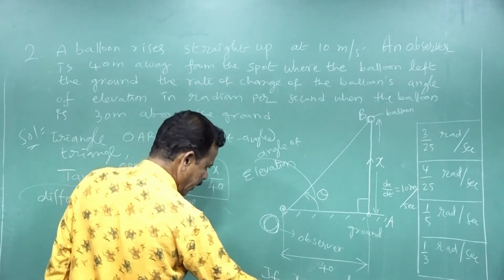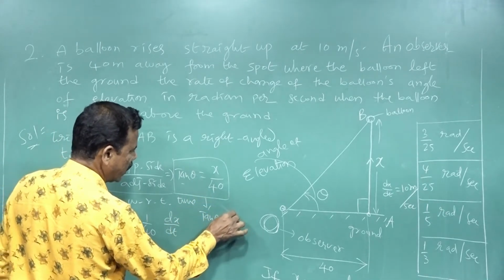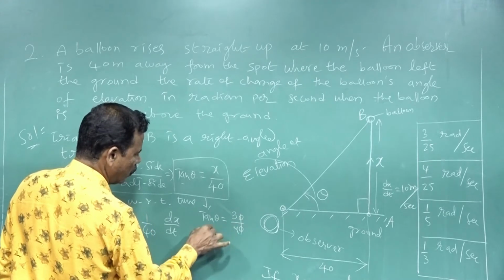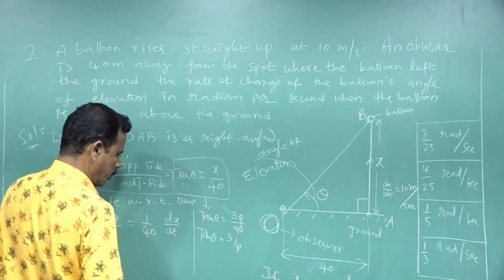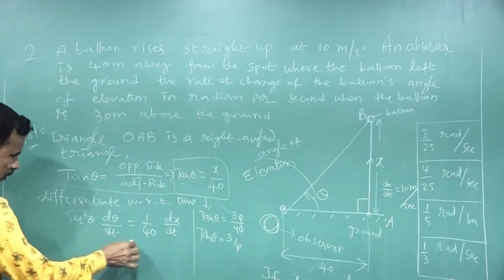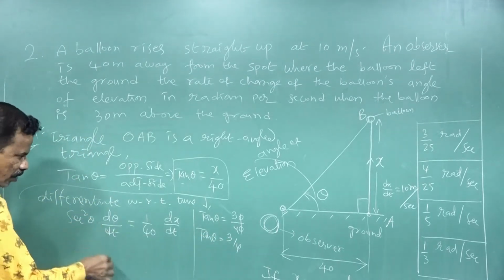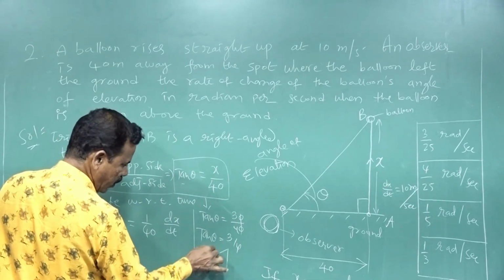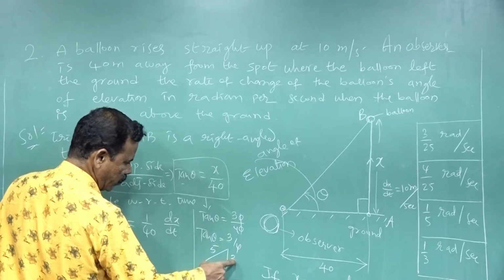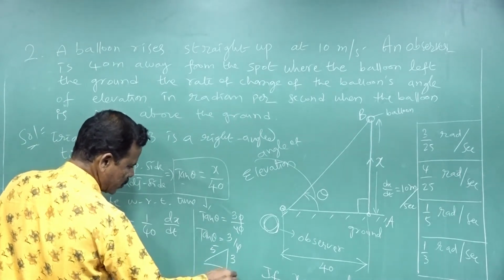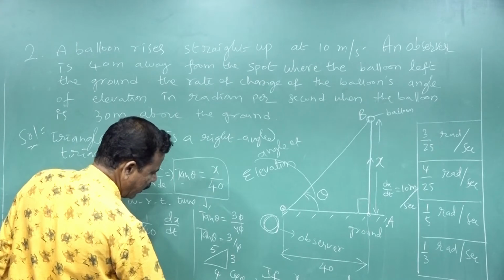If x is equal to 30, tan theta is equal to 30 by 40, so tan theta is equal to 3 by 4. Here we need sec square theta. In the triangle, opposite is 3, adjacent is 4, and the hypotenuse is 5, since 3 square plus 4 square is 9 plus 16, 25, and root 25 is 5. So cos theta is 4 by 5, and sec theta is equal to 5 by 4.